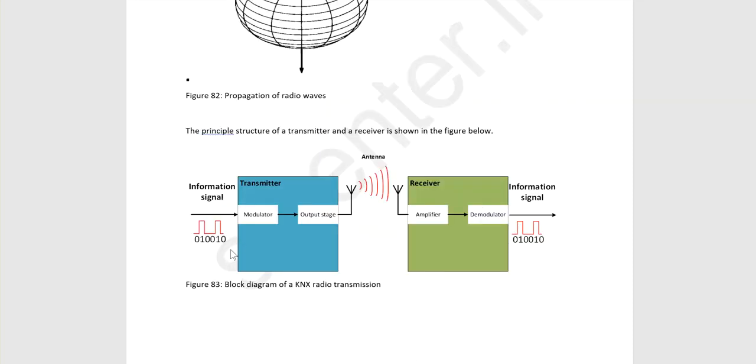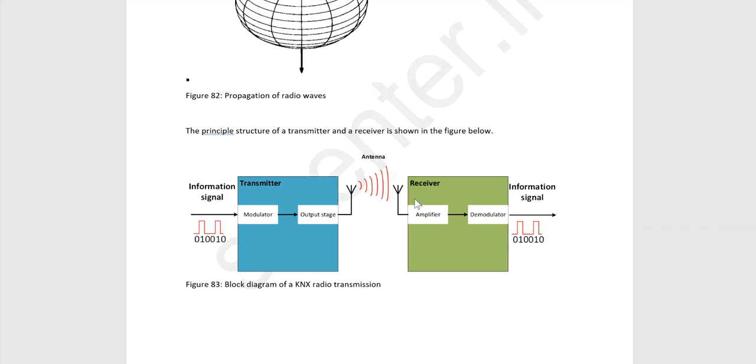First of all, you can look at the block diagram of the KNX radio transmission. The information signal comes to the transmitter at the modulator side, then goes to the output stage, so it's translated to wireless.